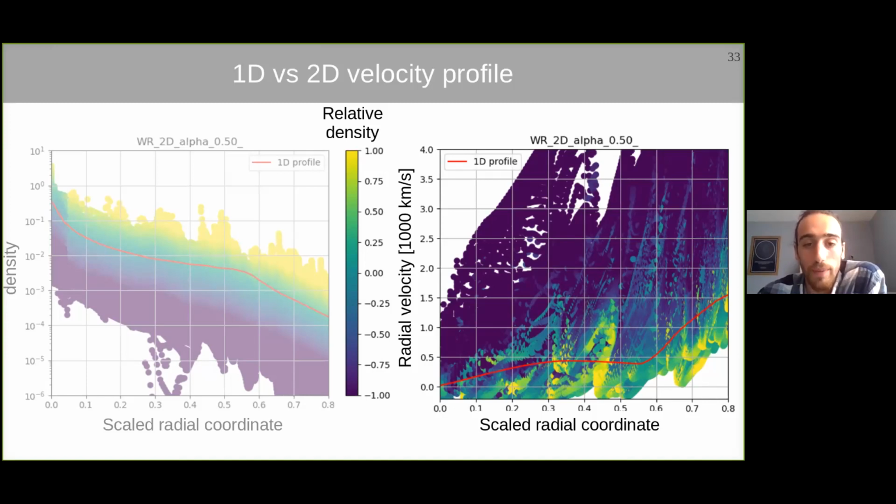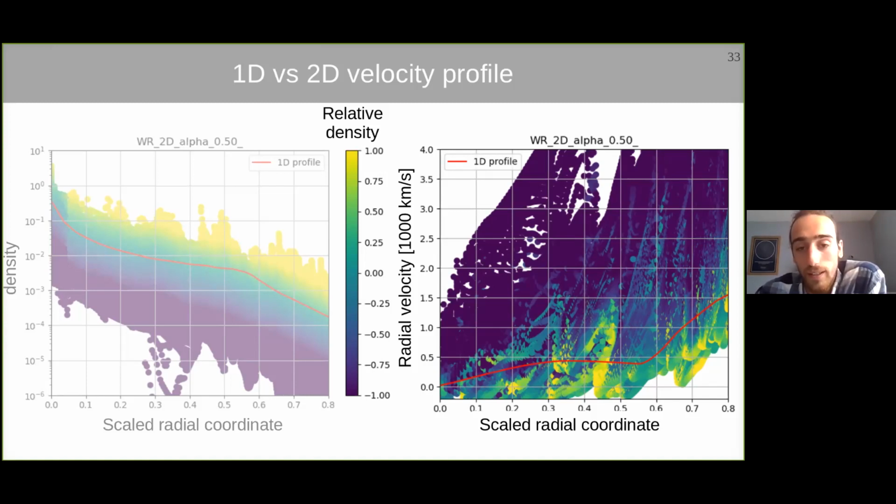So you see that in the 2D profile, there's a lot more heavy gas that is moving slower as compared to the 1D wind, but also that there's a lot of very light, very sparse gas that is moving a lot faster than in the 1D profile. So this gas will also have a higher V infinity, which is an important parameter that we measure from spectra.